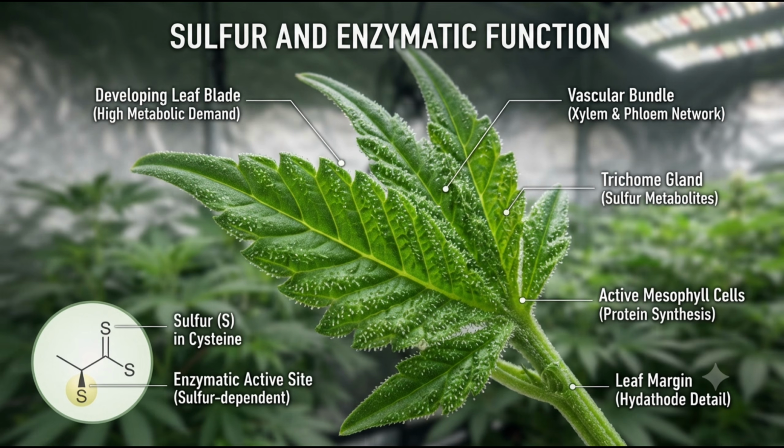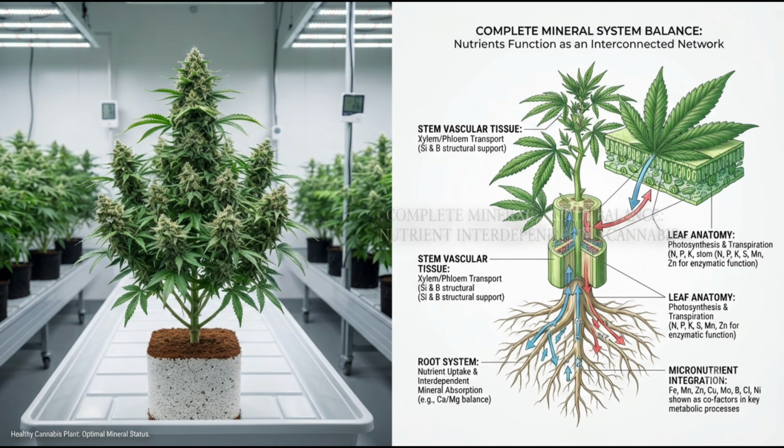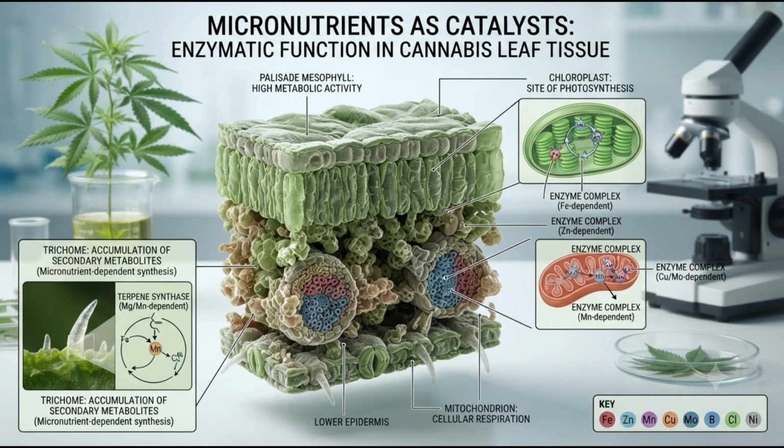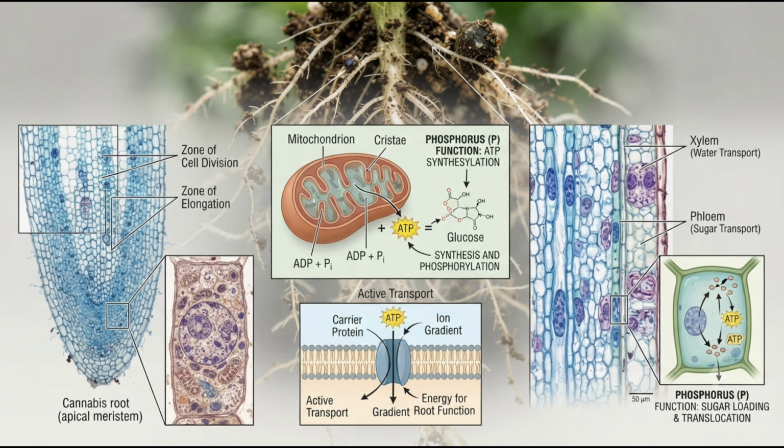Iron, manganese, zinc, copper, boron, molybdenum, chlorine, and nickel operate as catalytic regulators controlling thousands of enzymatic reactions that define metabolic precision. These elements are not independent inputs.